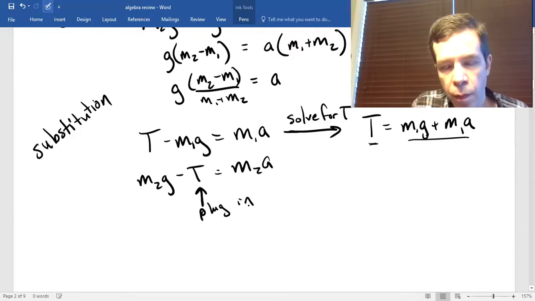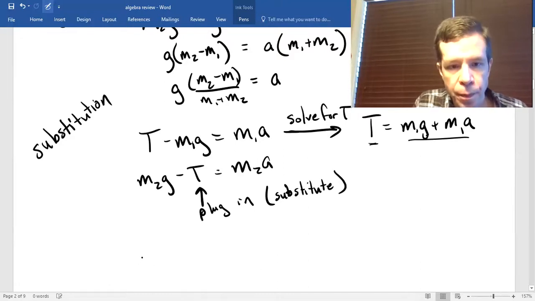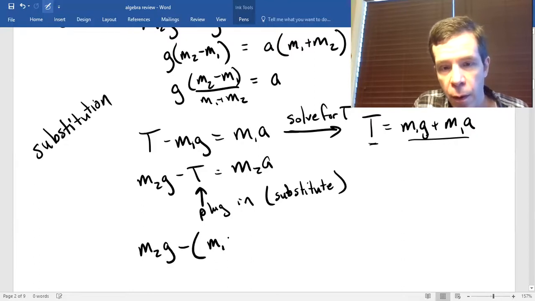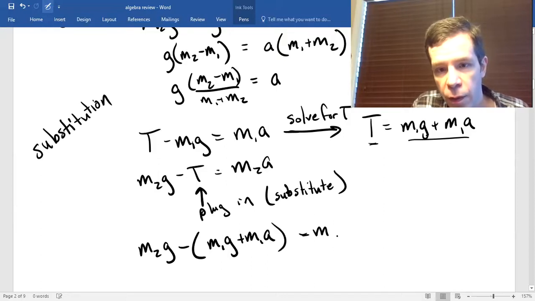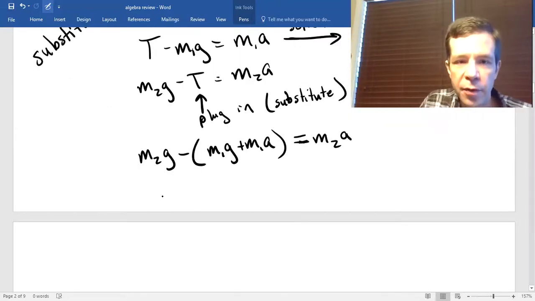Or substitute. Right. So now I've got m2g minus m1g plus m1a equal to m2a. Distribute my negative sign.